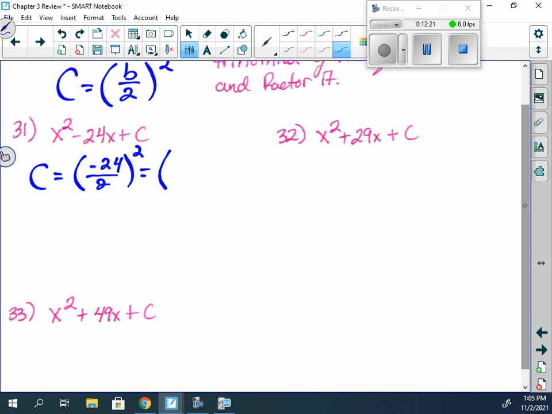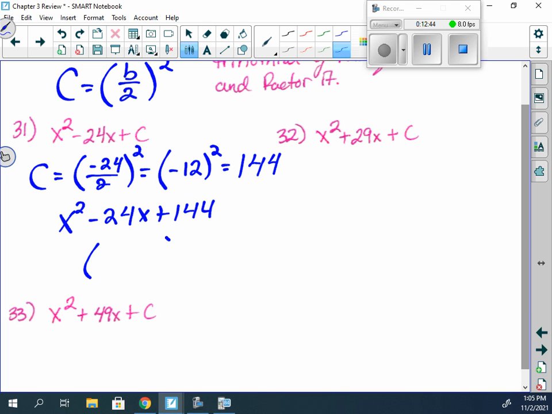Negative 24 divided by 2 is negative 12, and negative 12 squared is 144. So we can say x squared minus 24x plus 144 is our equation. Now, if we factor it, we're going to have x what?